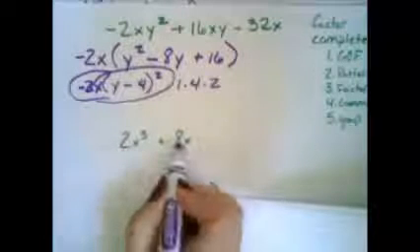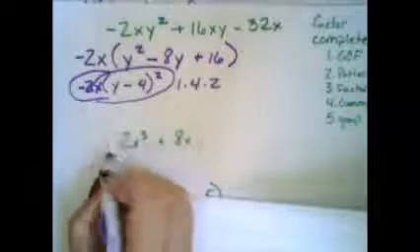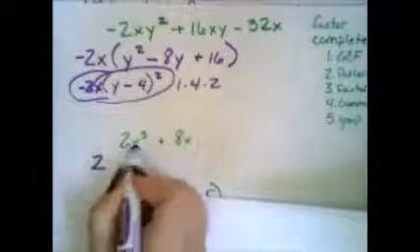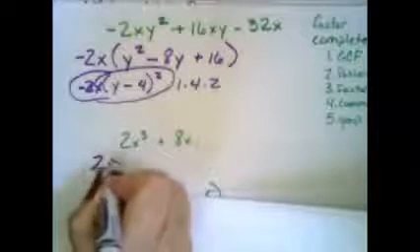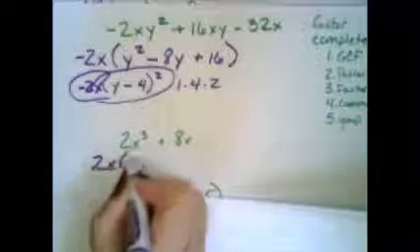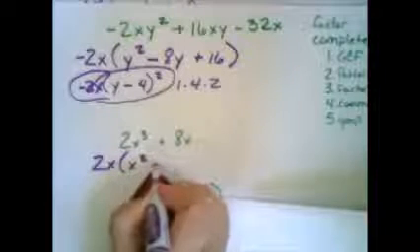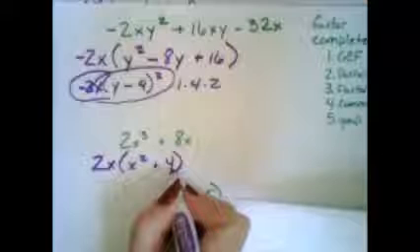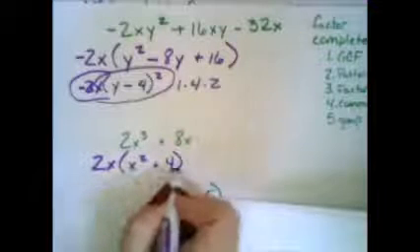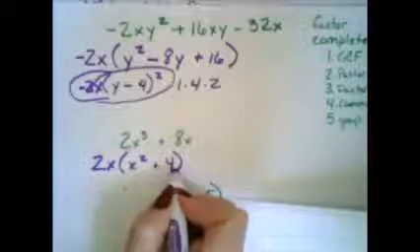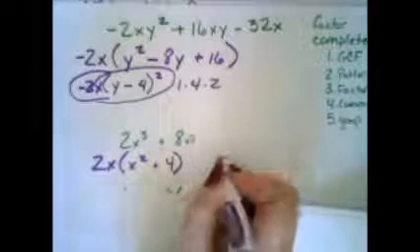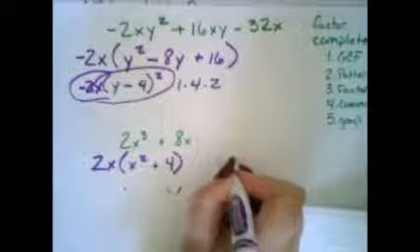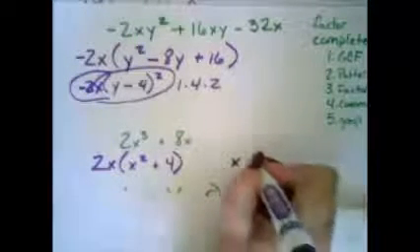Let's try it on this one, 2x cubed plus 8x. Well, the numbers have 2's in them, so I'm going to divide by 2, and the numbers have 1x in them. So I'm left with x squared plus 4. And this could be a perfect square as well, because the first one's a square and the second one's a square. So we're going to have a look at it. So the square root of x squared is x, and the square root of 4 is 2.